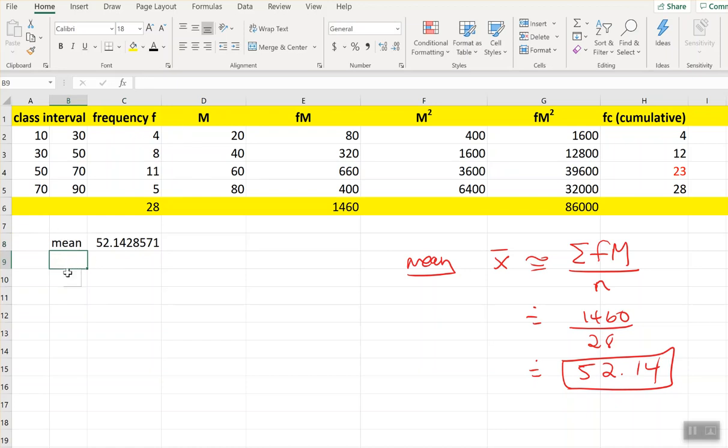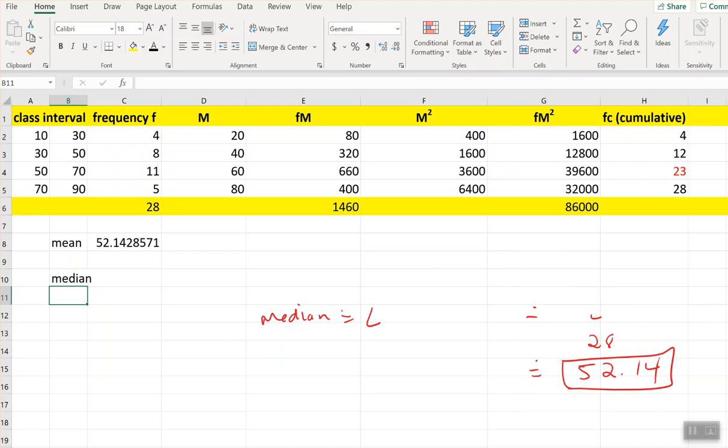The next thing I'm going to approximate is the median. In the median, we need this formula. Approximately equal to L for the lower limit. I'm actually going to erase this to make some room.